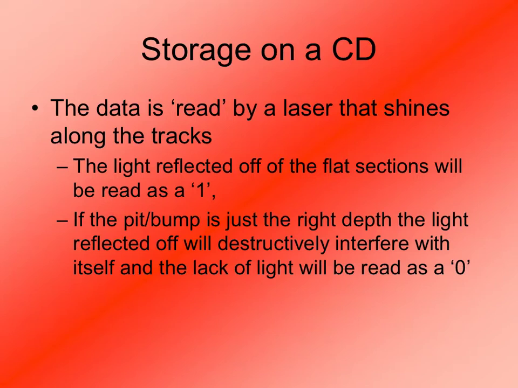There will be no light that comes back on the laser reader because they're going to destructively interfere, and at that point it's read as a 0. And so in this way, the laser can read the series of 1s and 0s, the binary code, which is then converted into the signal which you hear from your speakers.